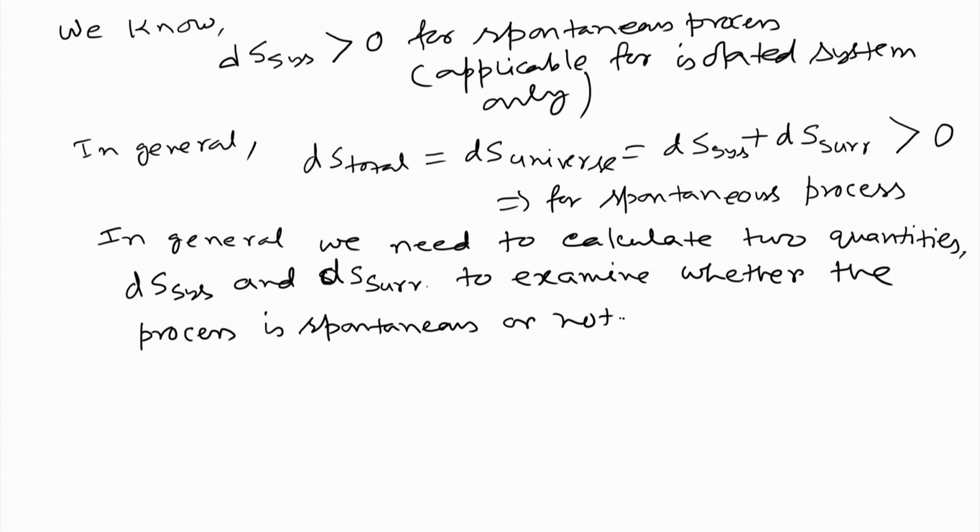So we need to calculate two different quantities, dS system and dS surroundings, okay, in order to judge whether the process is spontaneous or not.